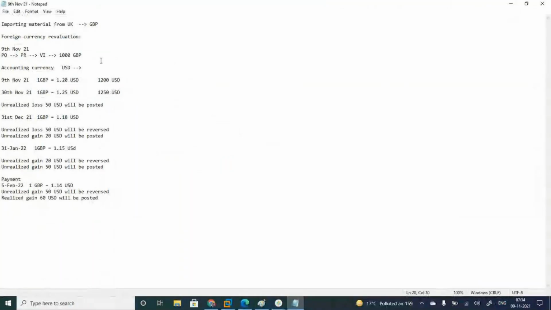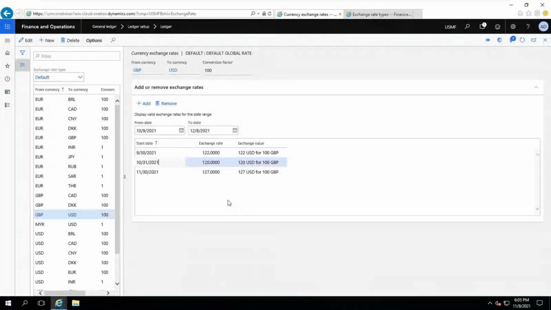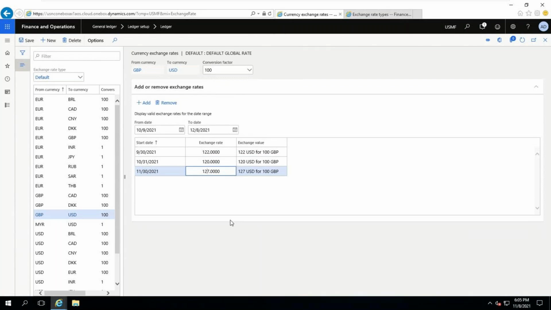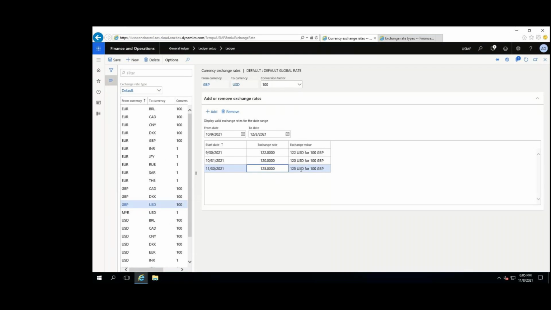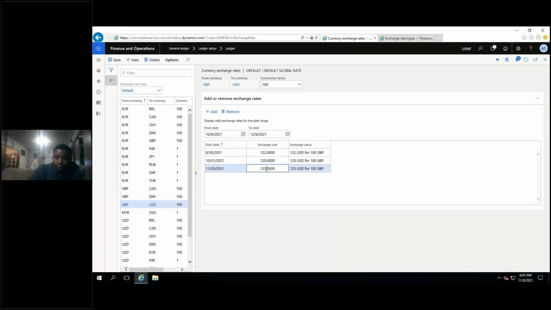Initially $1.20, it is fine. On 30th November, I want 1.250, so let me map that. So it is actually $1 equal to 1.25. Now 100 GBP means $125.